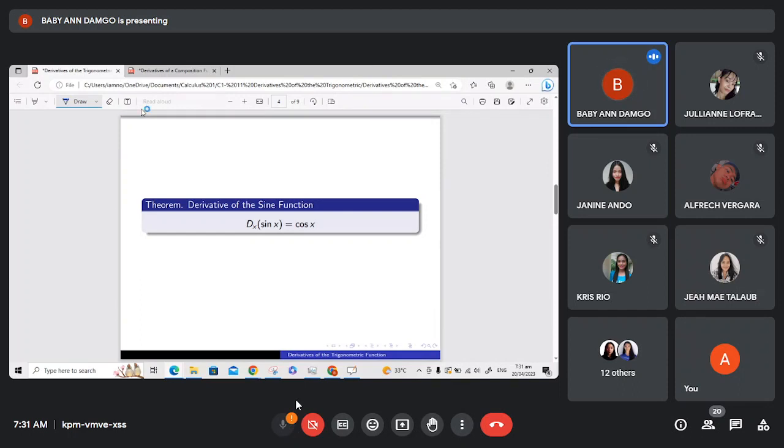Okay. So, for example, if you have f of x which is equal to x sine x, okay. So, unsa man nga rule atong gamiton ani class?